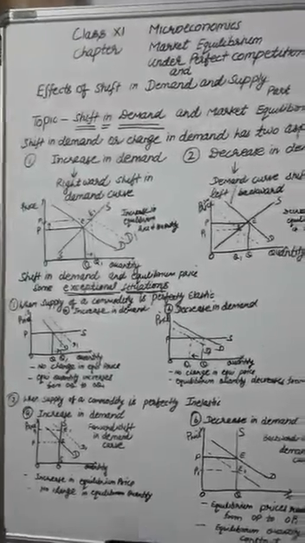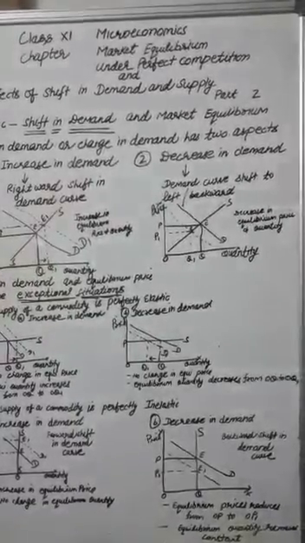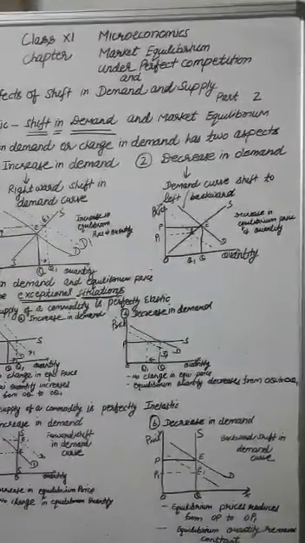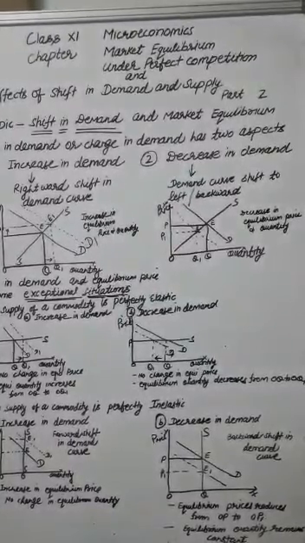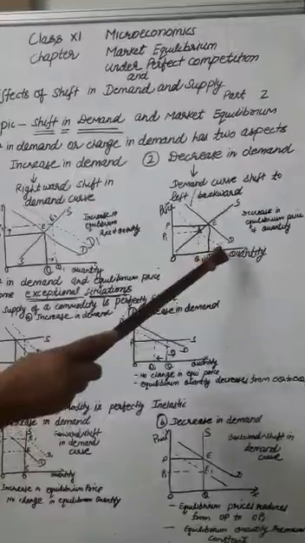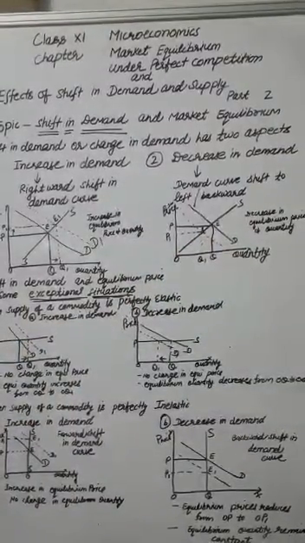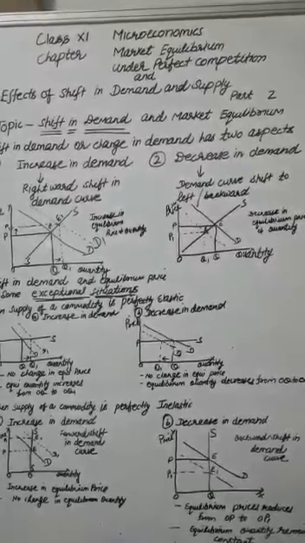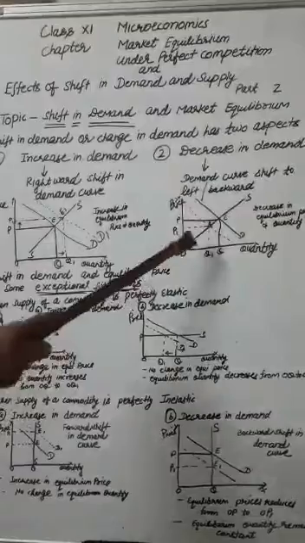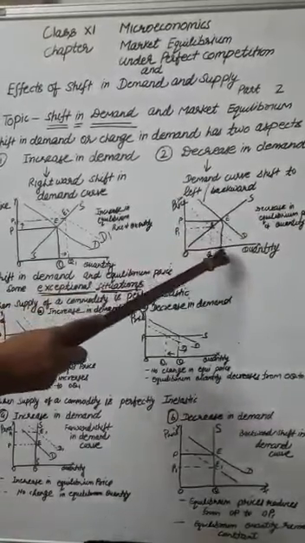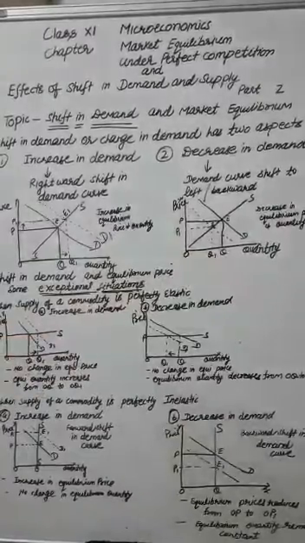Now the second situation, when there is a decrease in demand. In this diagram, the equilibrium is struck at a point where demand curve D cuts the supply curve S at a point E. Equilibrium price is OP and equilibrium quantity is OQ. When demand decreases, the demand curve shifts to the left-hand side. That is known as backward shift in demand curve.